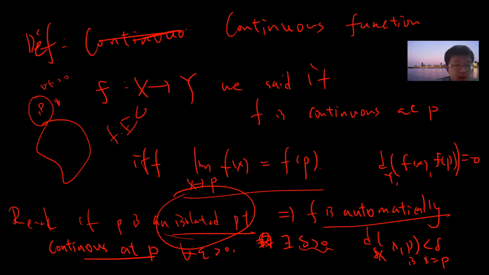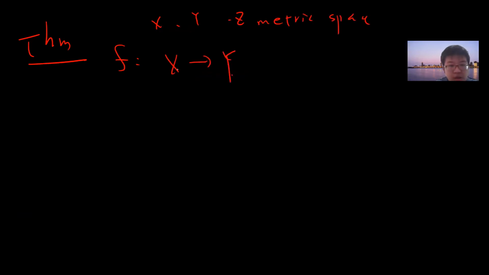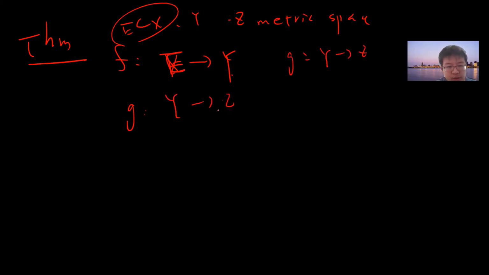Okay. And there's a theorem that I don't want to prove. I think it's simple. Suppose you have three metric spaces, and let's say f is defined to be x mapped to y. Suppose you only care about some subset e mapped to y, and also suppose you have g, and g maps y to z.